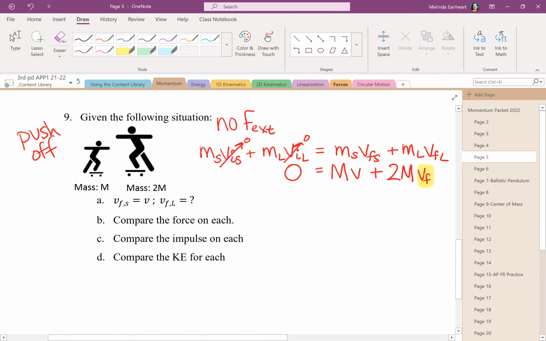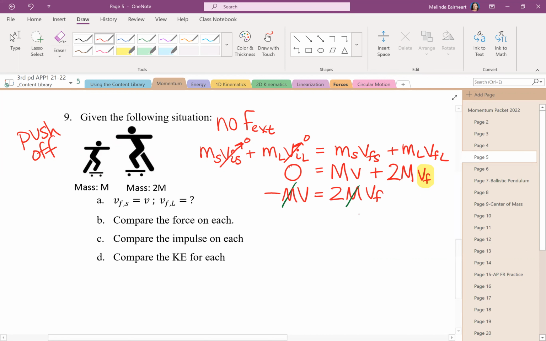Oh, wait, we got to take into account direction, right? Well, we can solve for vf and get that. So what's going to happen to solve for vf? I can subtract mv. And at this point, what do you notice happens? M's cancel.